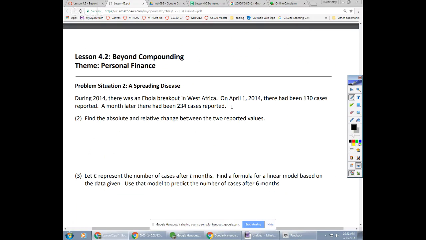130 to 234. How many cases was that more? 104 more cases, right? So that's what we call absolute change. We dealt with that last term.